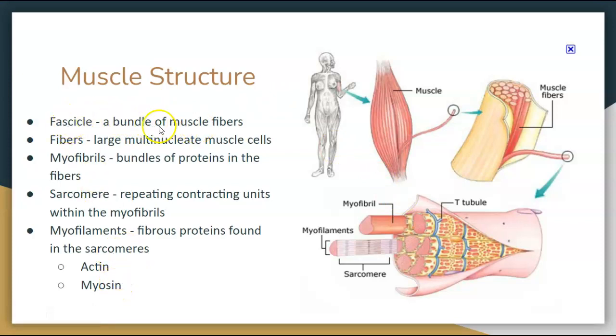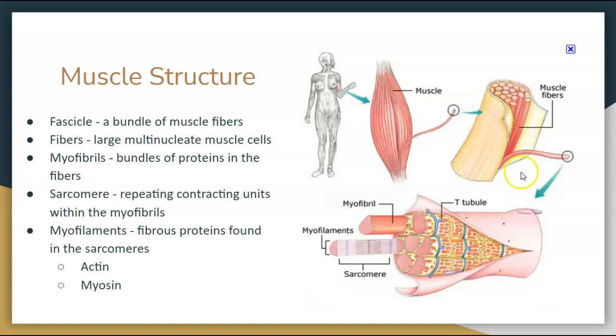A fascicle is a bundle of muscle fibers. The fibers almost look like Twizzler pull and peel pieces. They're multinucleated muscle cells, which means that they have multiple nuclei in the cells themselves.